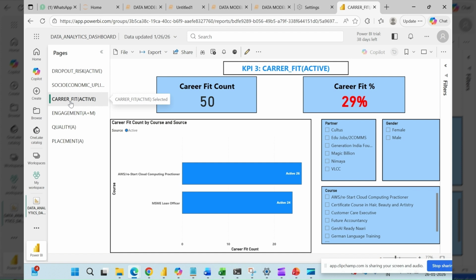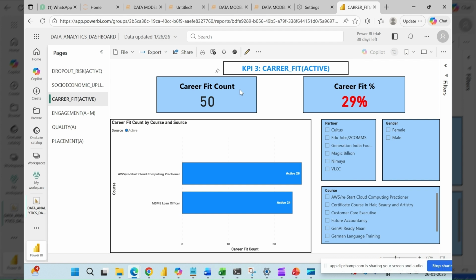report, KPI 3 for active students. What we built is a KPI page showing career fit count, that is 50. Career fit means the students who have alignment with the courses, who opted for whatever courses over here and got jobs in their career.